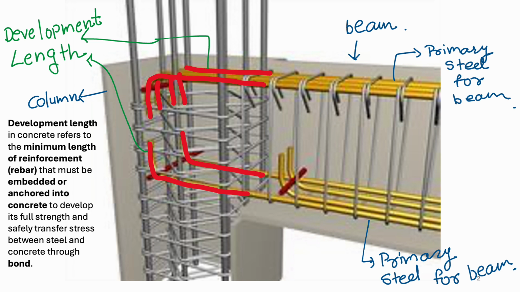Here you have some primary steel for a beam, and you have development length in both zones. That means that we need primary steel from beam to beam embedded into the column in order to prevent failures in concrete.